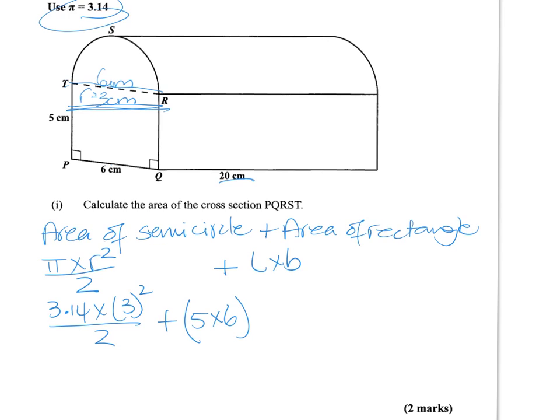We just put that in the calculator. 3.14 multiplied by 3 squared, which is 9, divided by 2, gives 14.13. Plus 30, the area of the cross section is 44.13 centimeters squared.